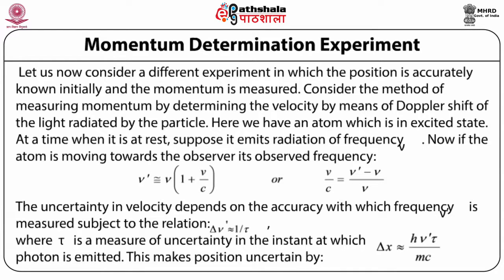This makes position uncertain by delta x approximately equal to h mu prime tau by mc, where h is the Planck's constant, mu prime is the observed frequency, tau is the measure of the uncertainty in the instant at which the photon is emitted, m is the mass of the atom, and c is the velocity of light.